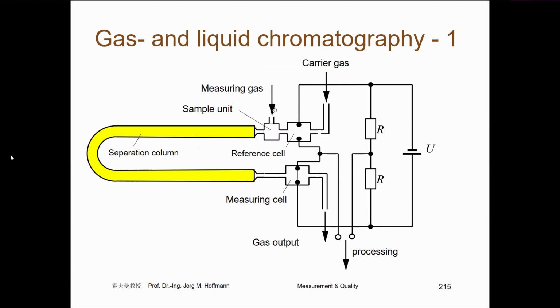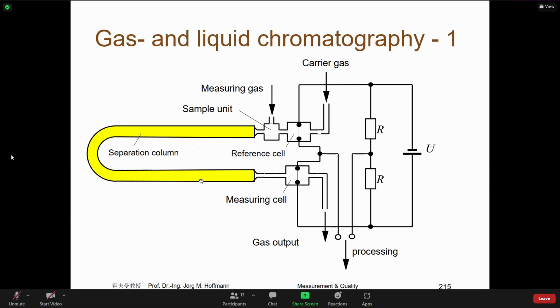But when you now put a measuring gas in behind this first sensor, then the parts of the mix in the gas or in the liquid will be separated. Some parts will go faster through the column.